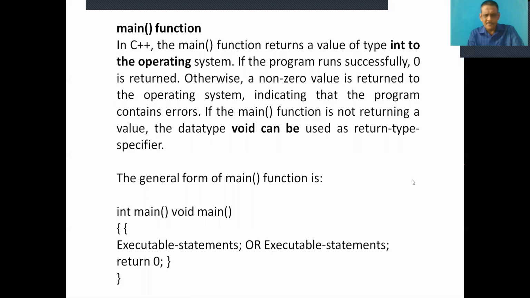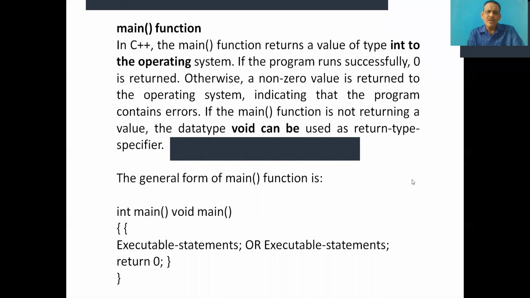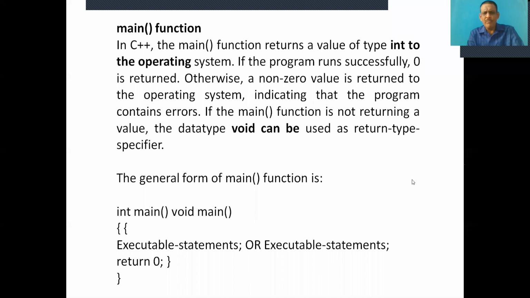Then next, how to write the main? We all know now because we studied it in the first year. The main can be written with int main or void main.